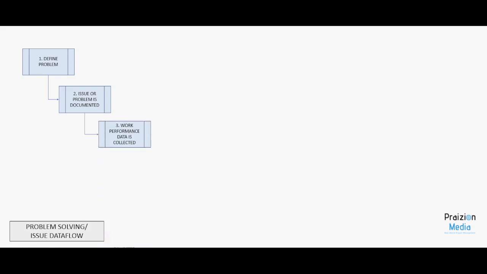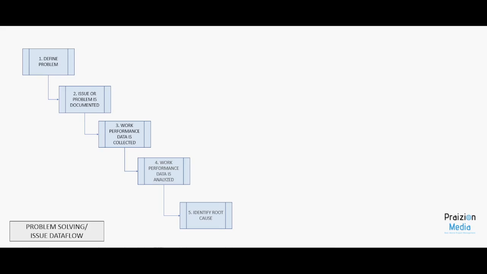The next step is we collect data in that same process. We collect data about the issue. We might have already collected the data, but the bottom line is that this data needs to be collected to better understand the issue or the problem. So the work performance data needs to be analyzed, and this is done in the monitoring and controlling processes. So eventually, we will identify the root cause by going through the various pieces of work performance data that we are analyzing.